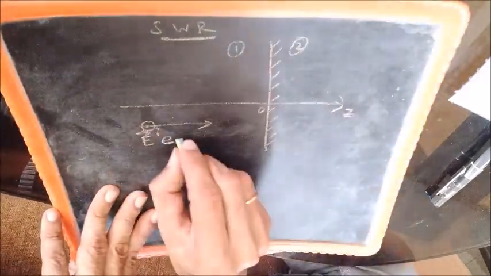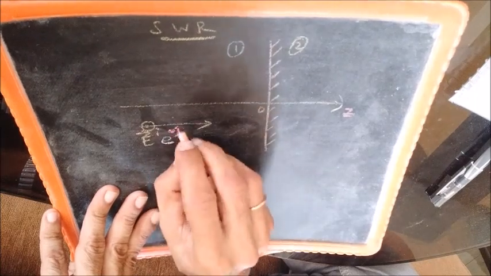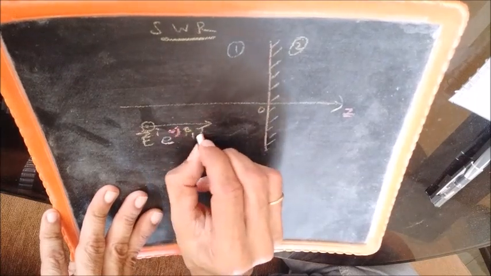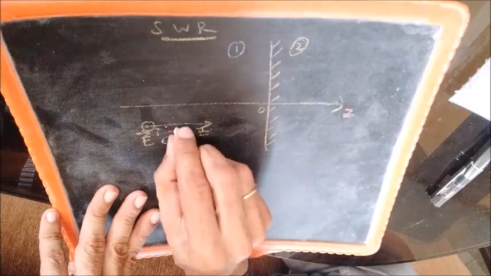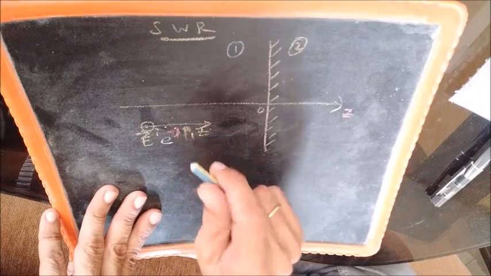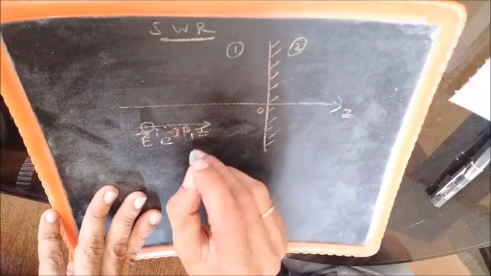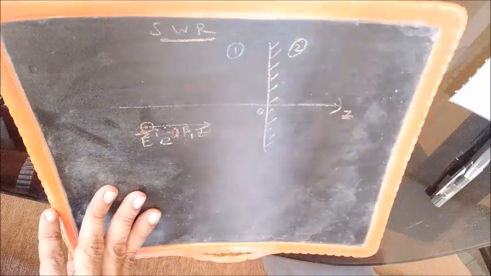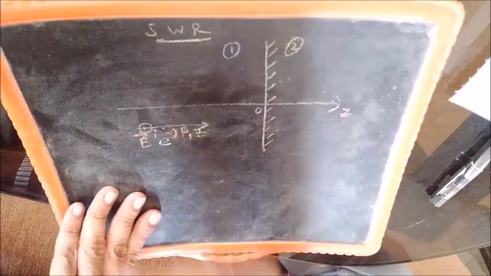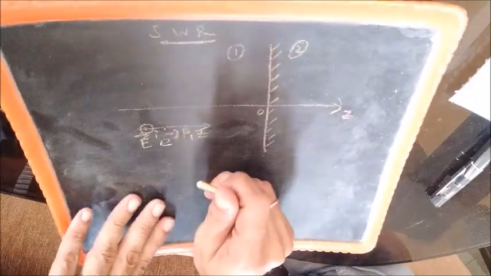Since it's propagating in the positive z direction, we have e raised to minus j beta 1 z. Beta 1 is the phase constant, the propagation constant so to say, because region 1 is a dielectric, there is no alpha. So beta 1 is indeed the propagation constant in medium 1.